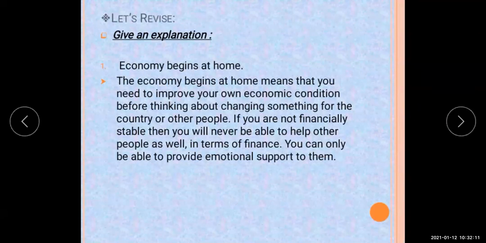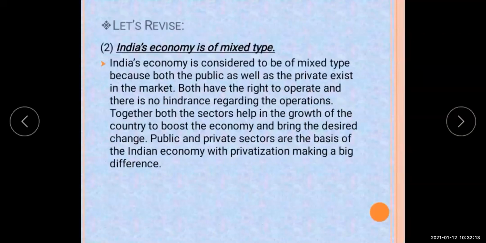Okay, then second. This is the main question for your exam. India's economy is a mixed economy. Here you have to give the reason why. India's economy is considered to be mixed because both the public as well as the private sector exist in the market. Both have the right to cooperate and there is no hindrance regarding the operations.